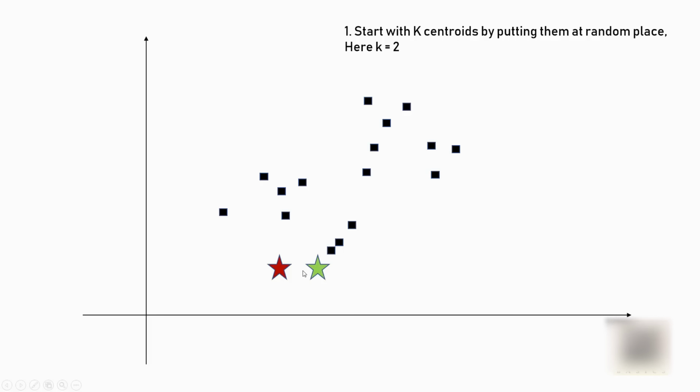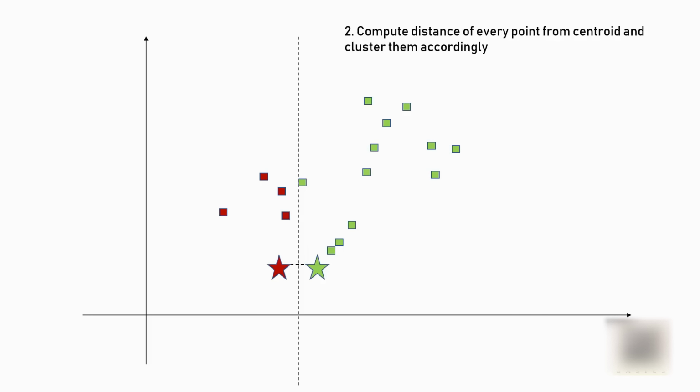The simple mathematical way to identify the distance is to draw a line connecting those two centroids, and then draw a perpendicular line. Anything on the left hand side is the red cluster, on the right hand side is the green cluster. So there you go, you already have your two imperfect clunky clusters, and now we try to improve these clusters.